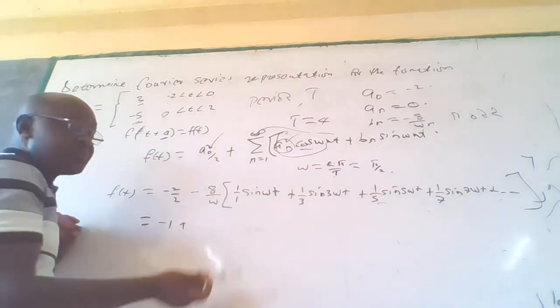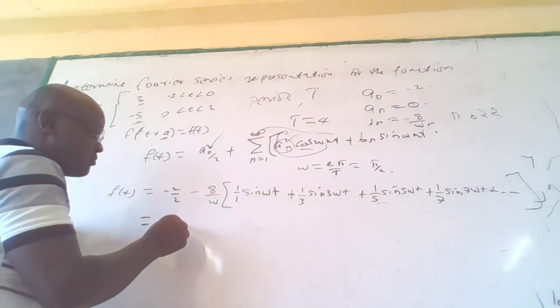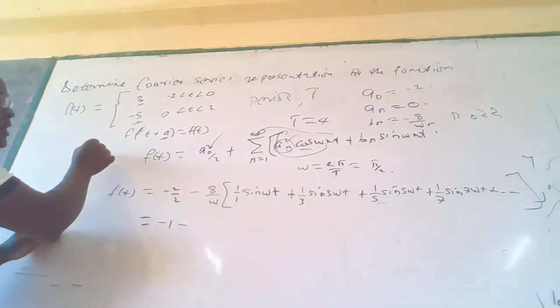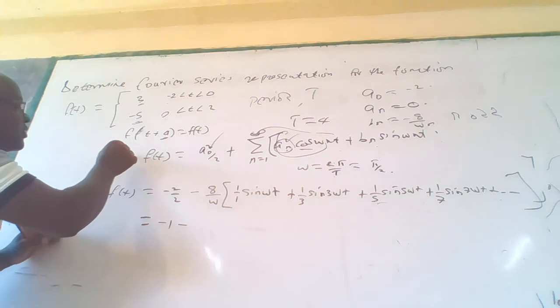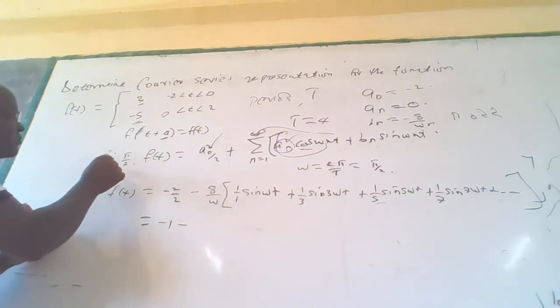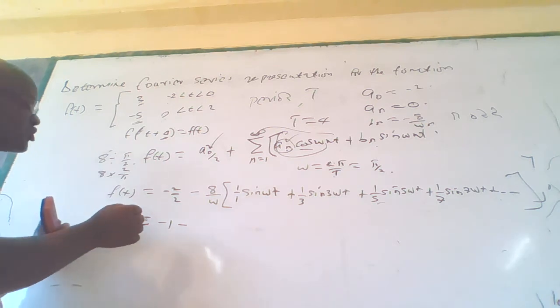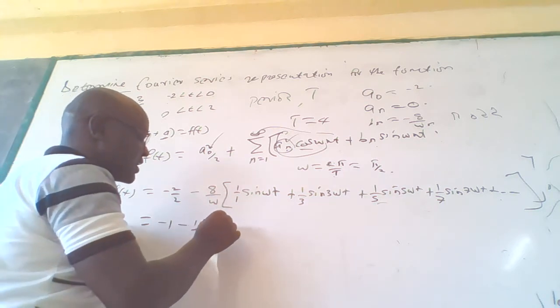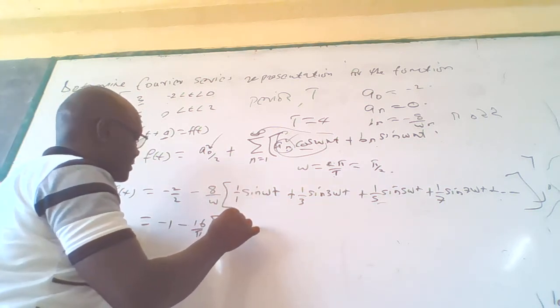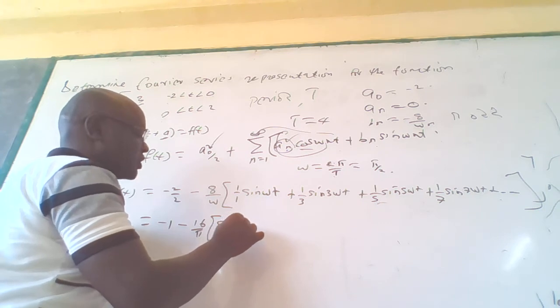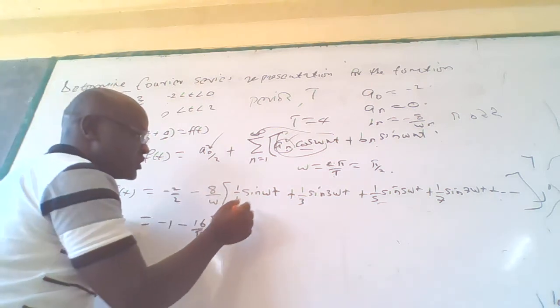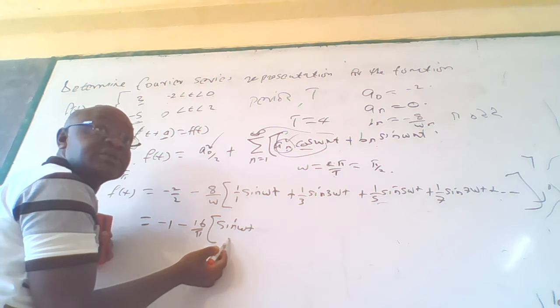So we can substitute omega, so this will be minus 8 divided by pi over 2, which is the same as 8 times 2 over pi, which is 16 over pi, so minus 16 over pi into sine pi over 2 t, if you want.